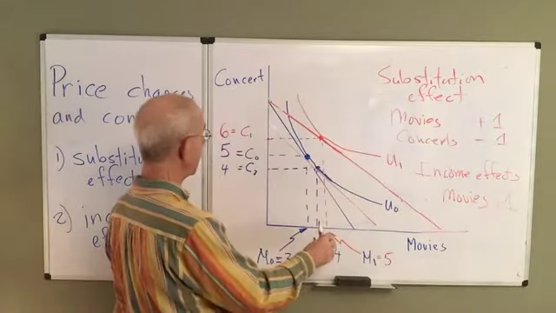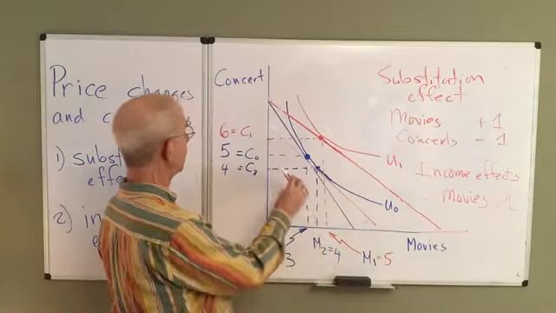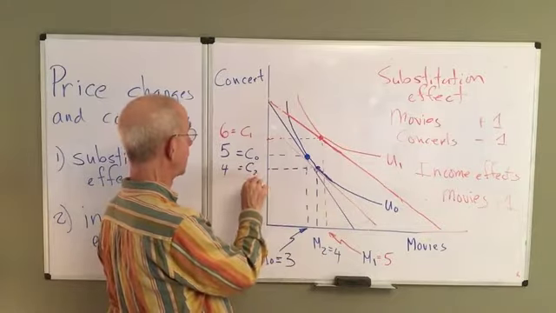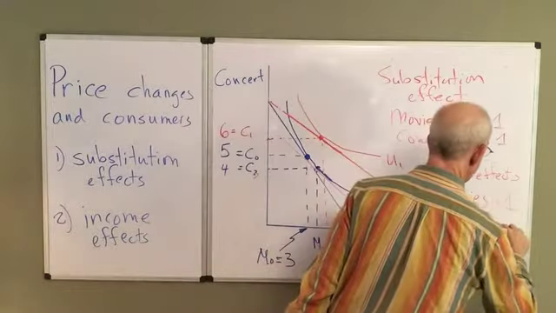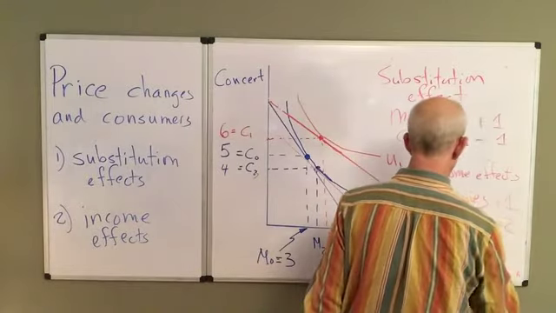And for concerts, that increase in income gets you from 4 up to 6, +2.